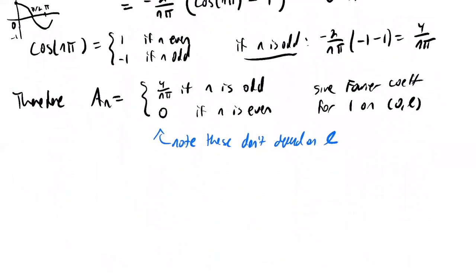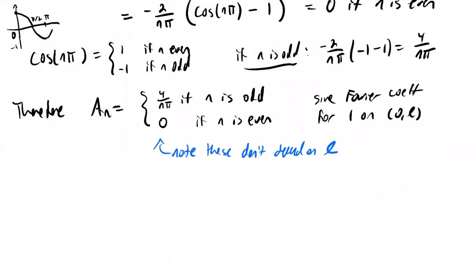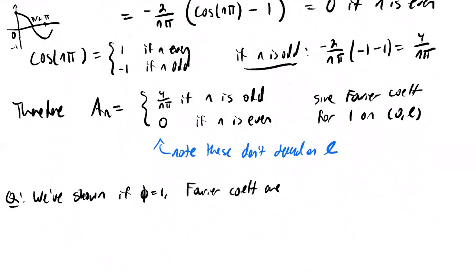Right, and to end the lecture, I just want to finish with a question, which is related to the big question in the study of Fourier series. So we've calculated these coefficients, right? We've shown that if phi is equal to 1, the Fourier coefficients are an as above.